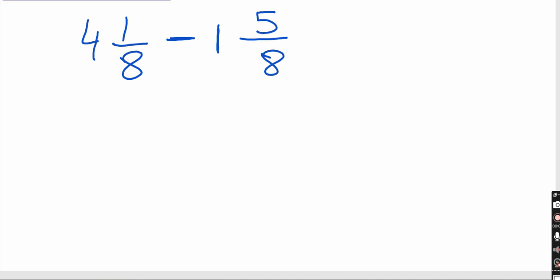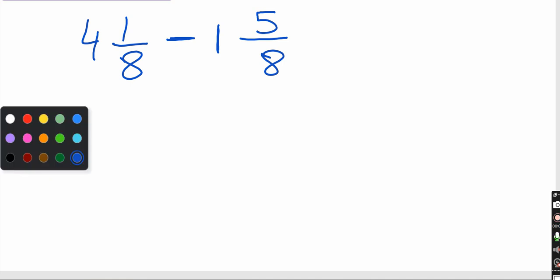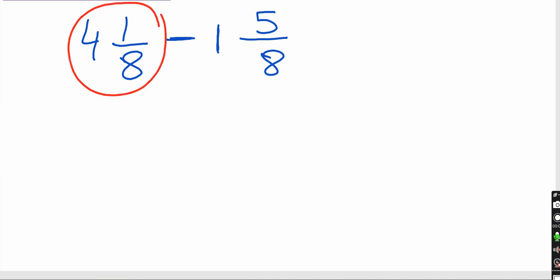If you look at these numbers, 4 whole 1 by 8 is definitely bigger than 1 whole 5 by 8. When comparing, we look at the whole number. 4 is definitely bigger than 1, so we can subtract.